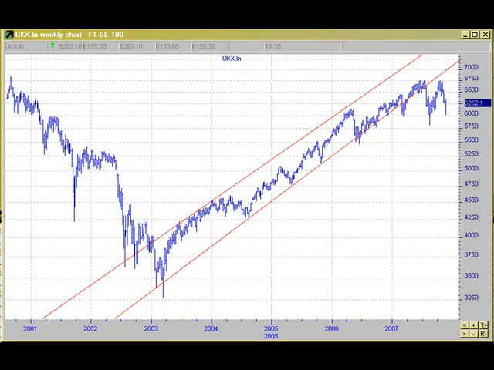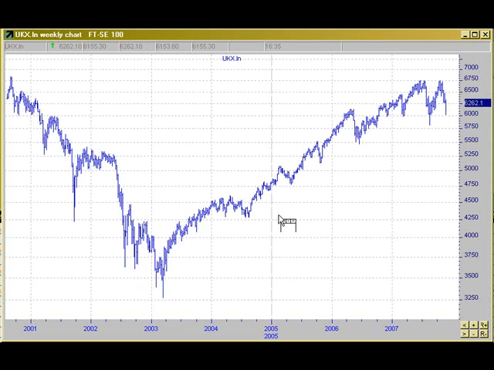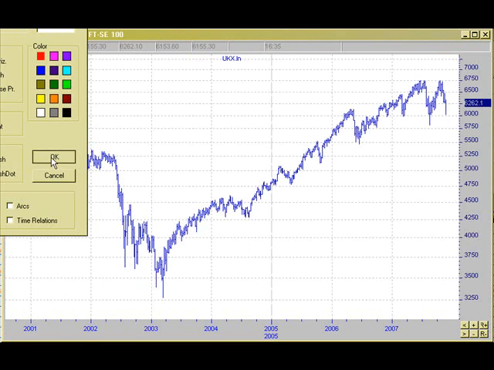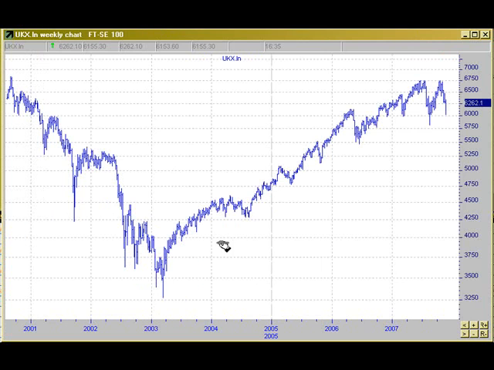Right, now we'll just clear these lines off the chart, and we'll draw some more lines on the logarithmic scale. Okay, so go back to trend lines, new. Okay, so we'll pick the same point there, and it's a similar sort of pattern.